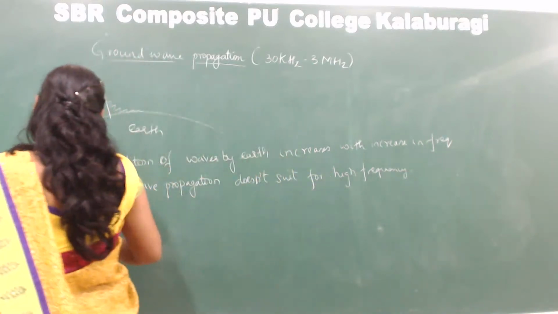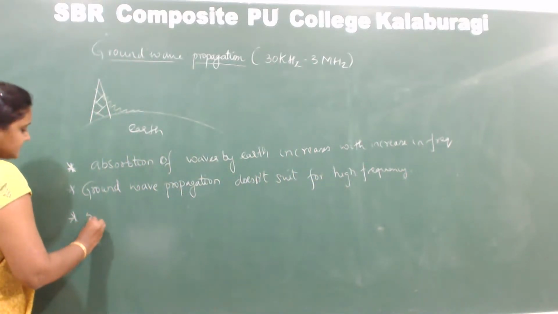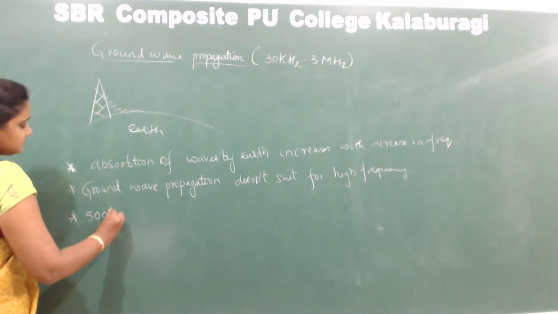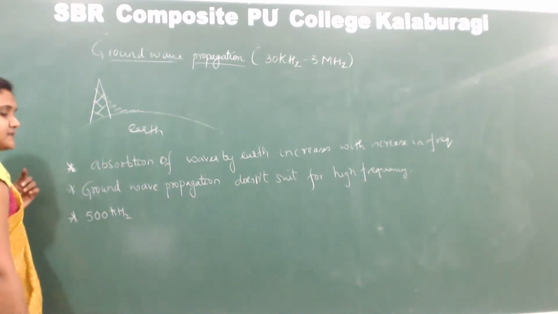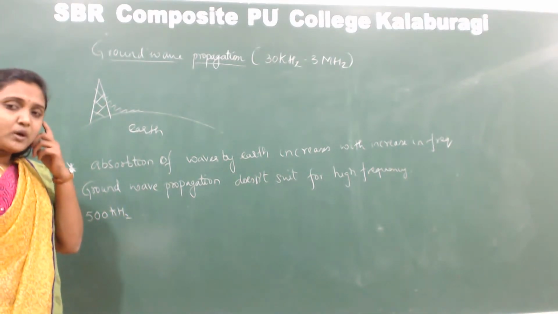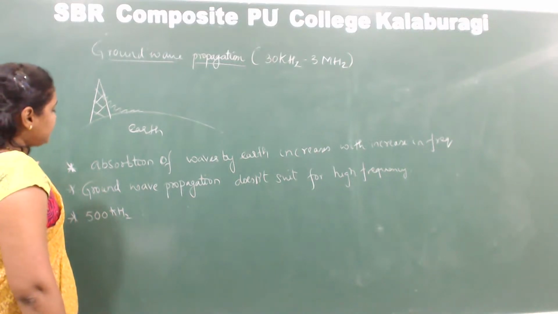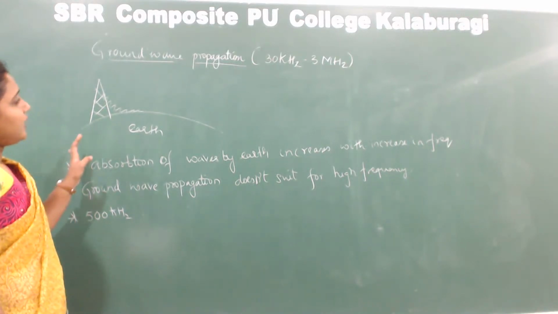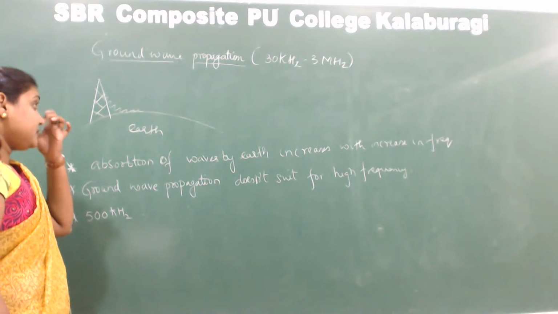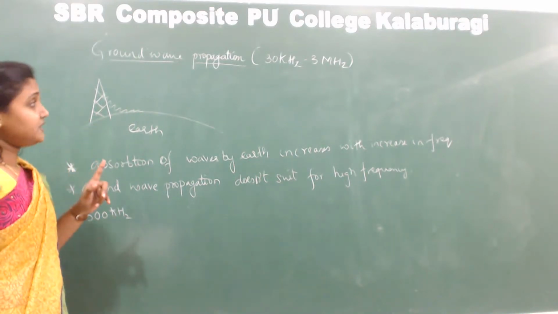Around 500 kilohertz, it gives the best possible communication. Ground wave propagation is suitable between the frequencies 30 kilohertz to 3 megahertz.